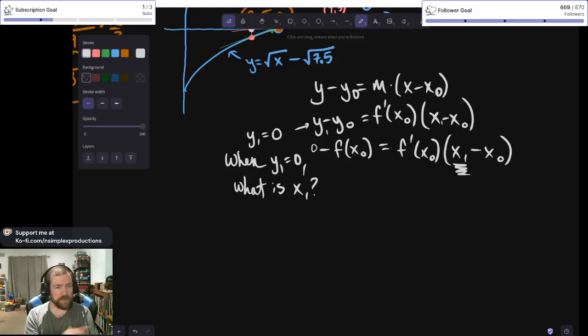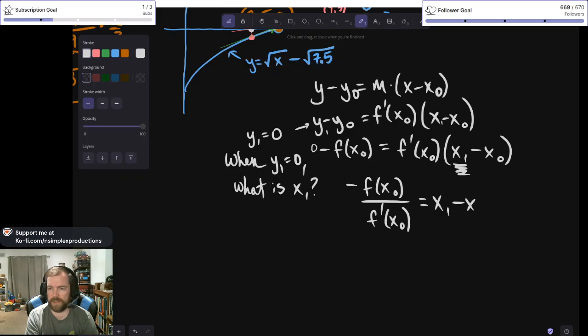So, start uncovering stuff. This is going to be a negative f of x sub 0 over f prime at x sub 0 is equal to x1 minus x0. Shift the other thing over, and x sub 1 becomes x sub 0 minus f at x sub 0 over f prime at x sub 0.